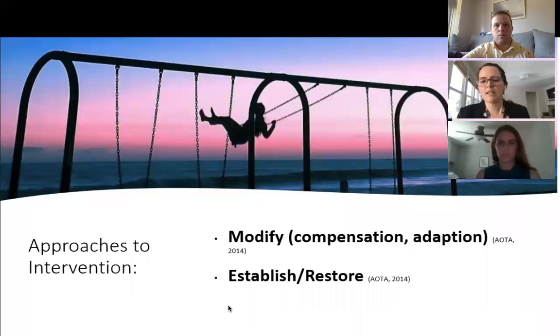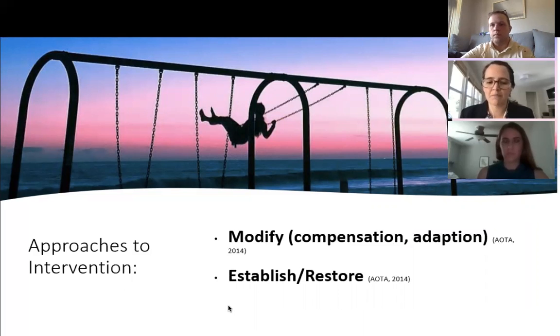So approaches to intervention, we focus on modifying and establish and restore. According to the OTPF, we modified the activity demands of the environment by incorporating the use of our design, which is an adaptive swing. We matched her levels of functioning so that she was able to also participate with other children.